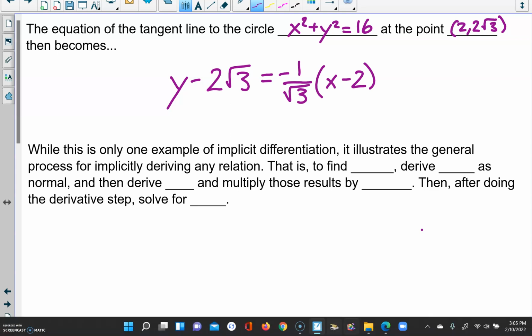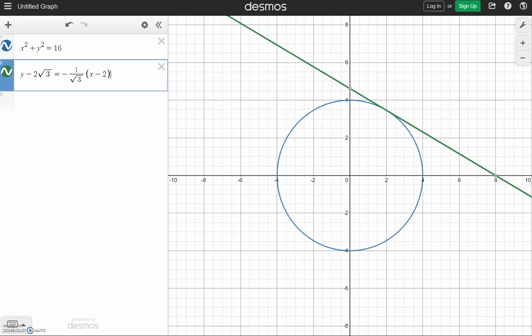And if we go over and just look at a graph here real quick, see I got the x squared plus y squared equals 16 circle at this point right there. Let's see if I can get that honed in on the 2. 2, and then 2 root 3 would be the 3.464.